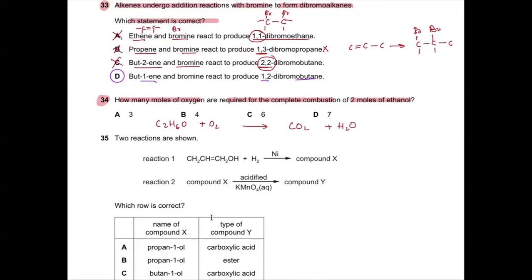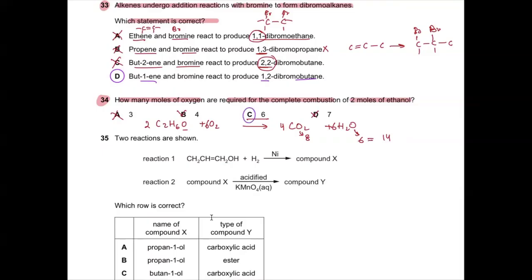If there are 2 moles of this, we have 4 carbons, so I'm going to put 4 over here. 2 times 6 is 12 hydrogen, so I'm going to put 6 over here. Now 8 oxygens over here and 6 oxygens over here. So 8 plus 6 makes it 14. Out of 14, 2 oxygens are already here. So 12 are left, so 6 moles. So that is C. A, B, and D go wrong.